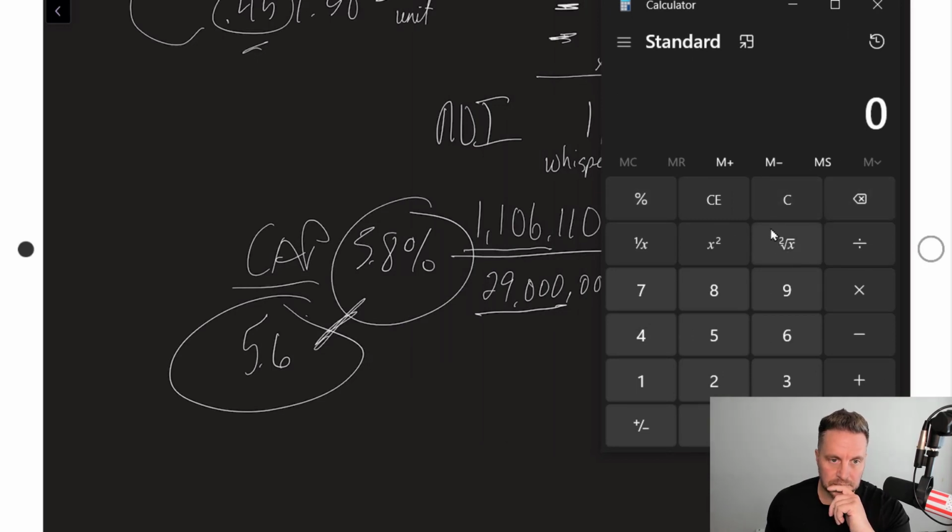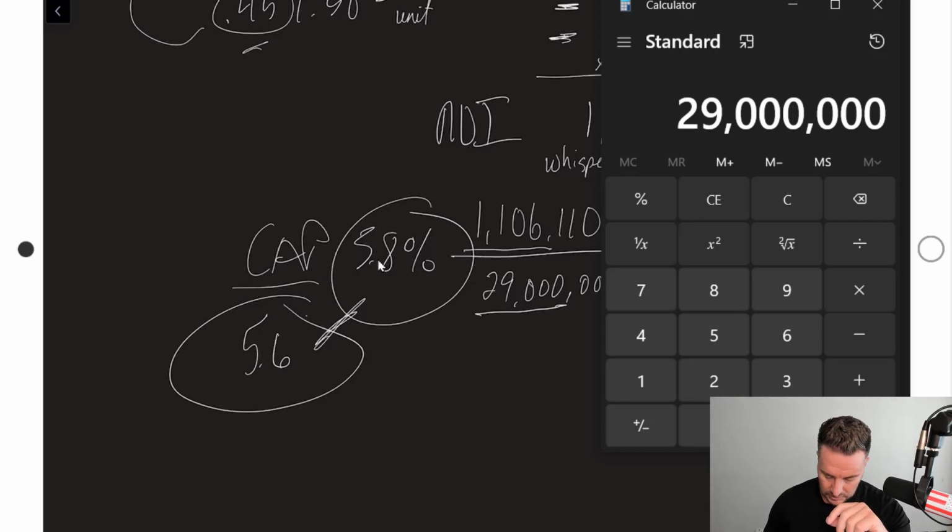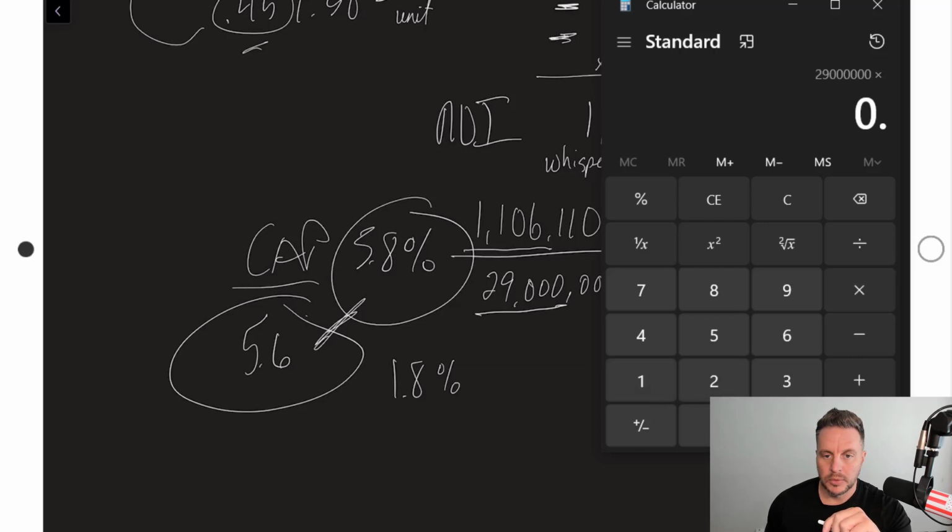Let's just say I spend 29 million, which we never would, and I'm losing, what is that? What's the difference between 5.6 and 3.8? It is 1.8, right? I'm losing 29 million times 0.018 equals, that's how much money I lose a year.